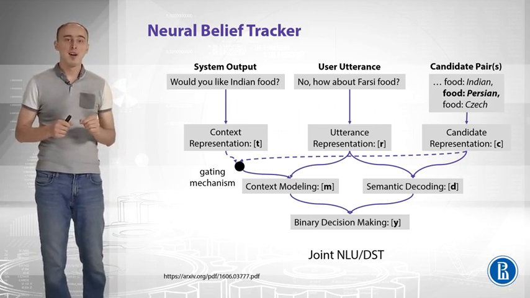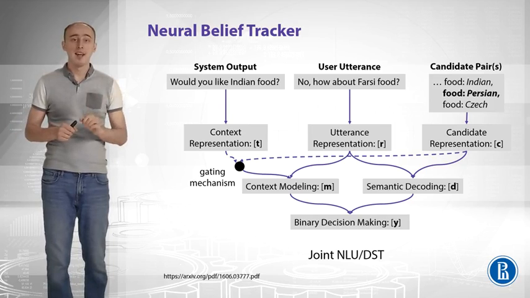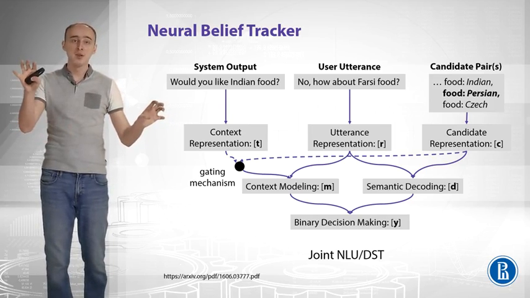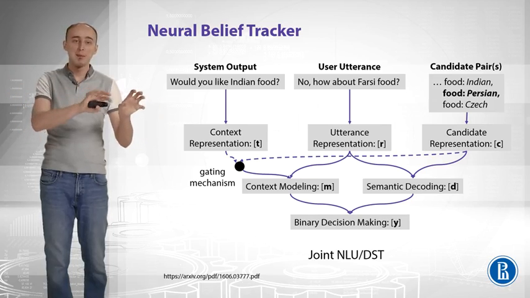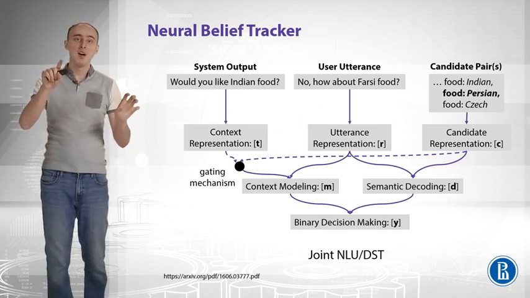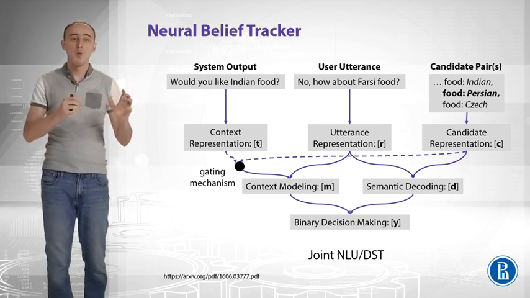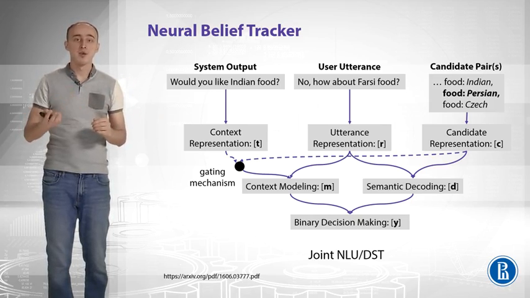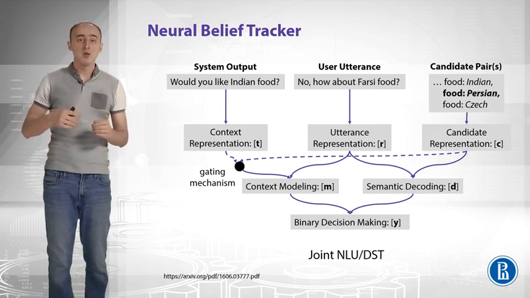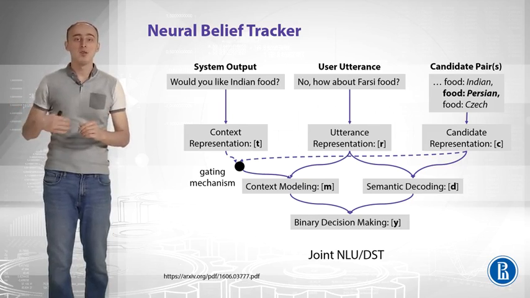We have a context modeling network that takes the information about system output and candidate pairs, uses some type of gating, and uses the user utterance to decide whether this user utterance affects the context or not. And there is also a second part which does semantic decoding.